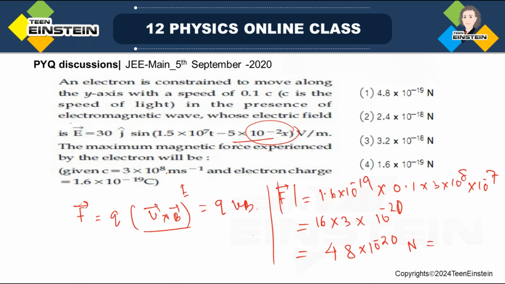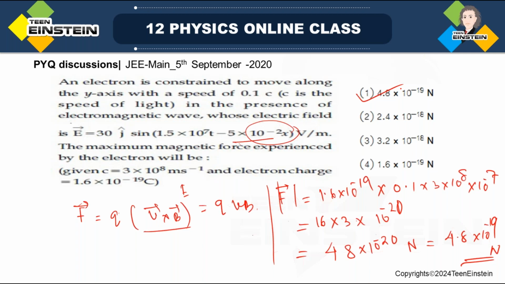C is 10 to the 8, so minus 7 only, fine. If I want to write in terms of 10 to the minus 19, I have to divide with 10. That is what is given in terms of this.